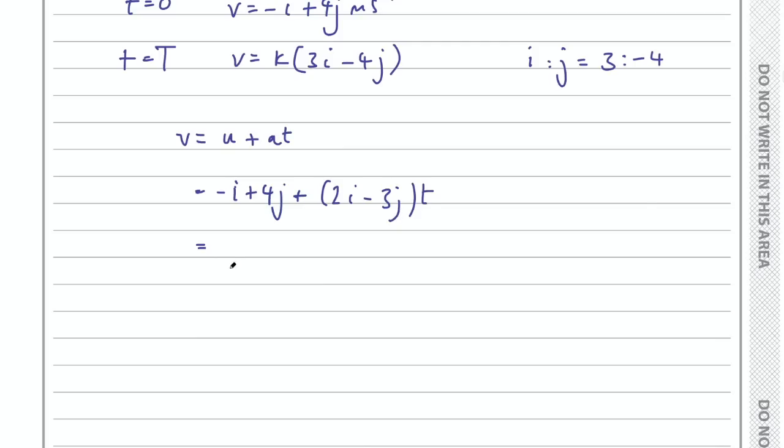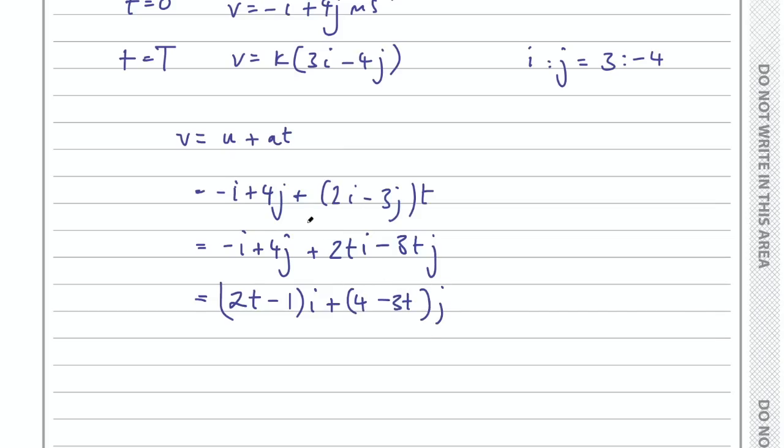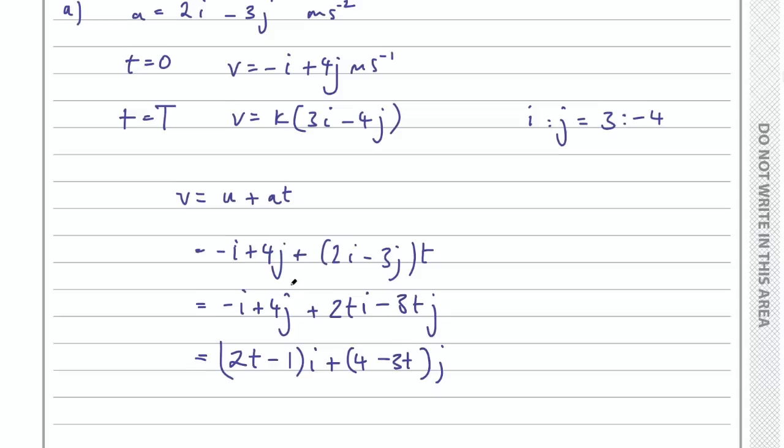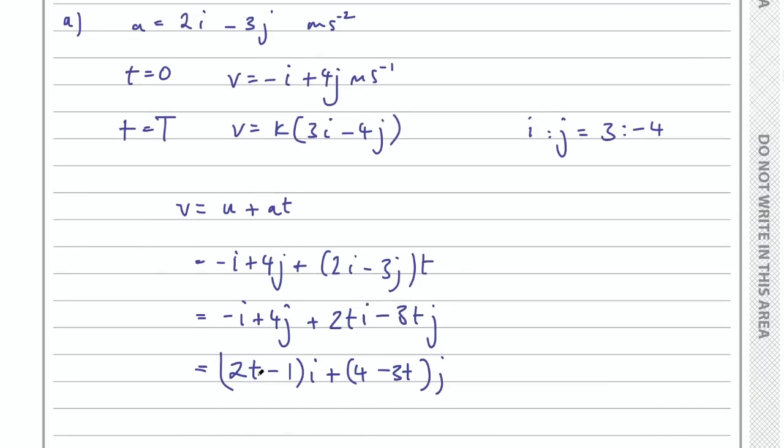So expanding those brackets, we'd have negative i plus 4j plus 2ti take 3tj. And then rearranging in terms of i and j, we would have 2t take 1i, and then 4 take 3tj. So basically just combining like terms there. So this is my general velocity vector for any time.